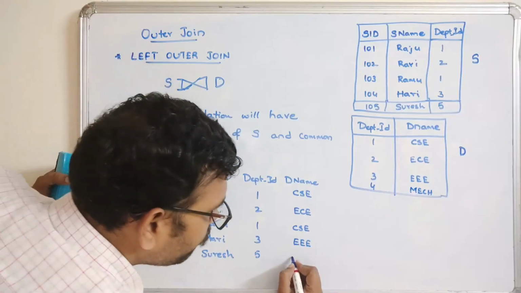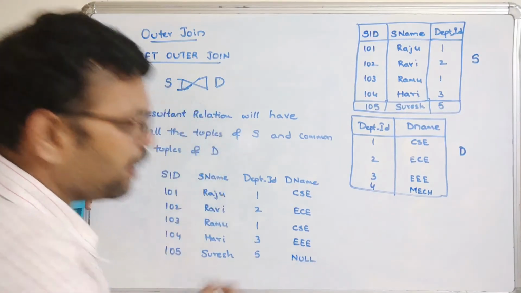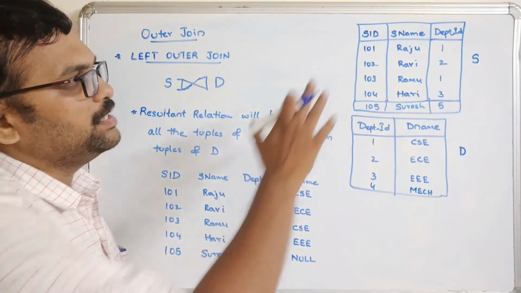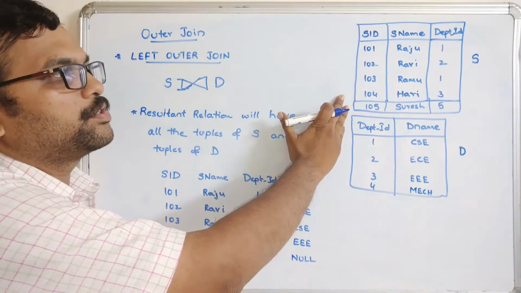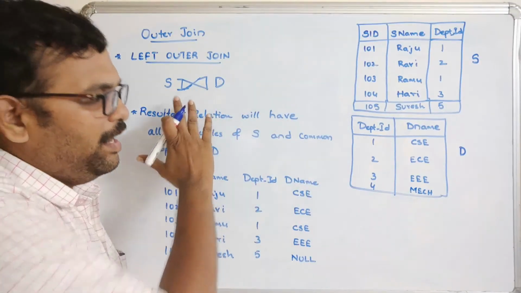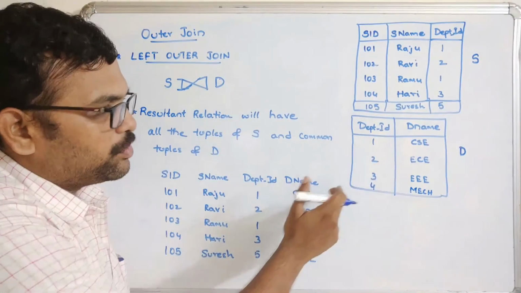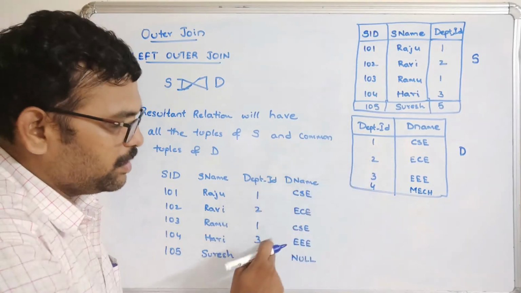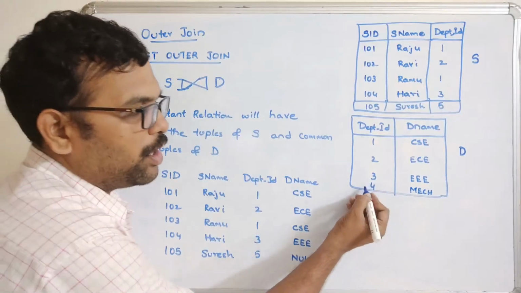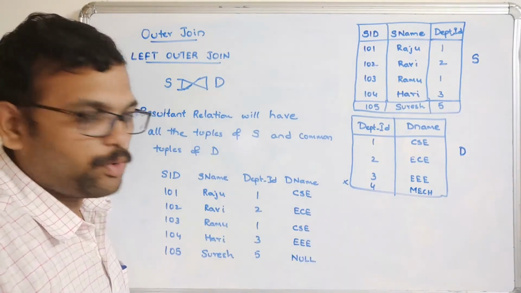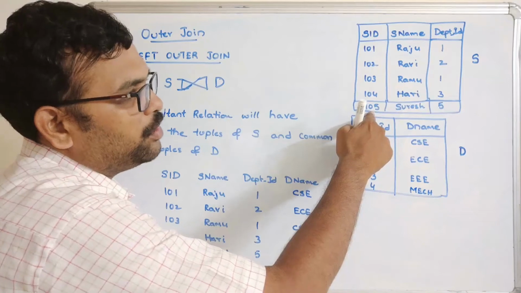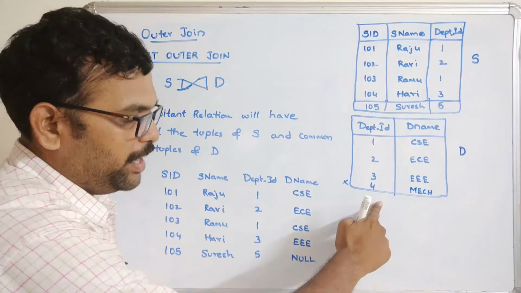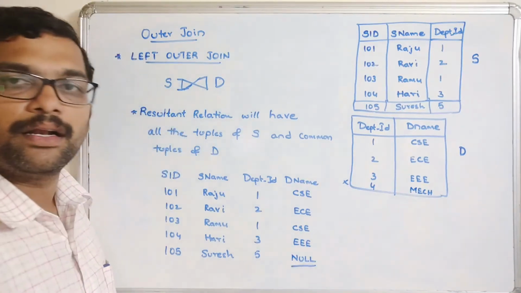So here we have to give it as null. We consider all the tuples of relation S and the common attributes. There are 1, 2, 3 details, so we consider only those, and we should not consider the 4, the last one. For 105, it is associated with department ID 5, which is not available in the department table, so just pad it with null.